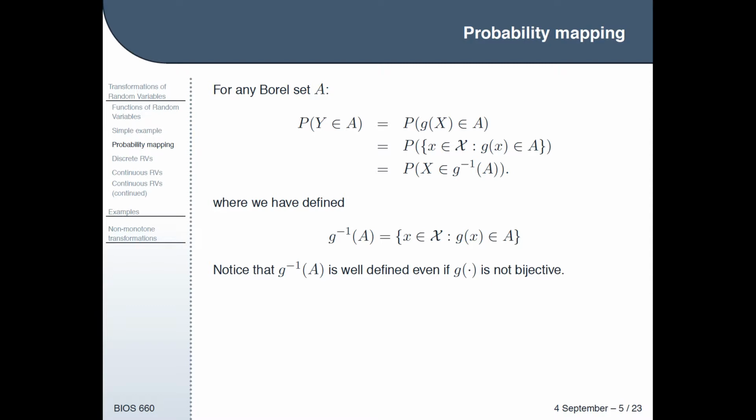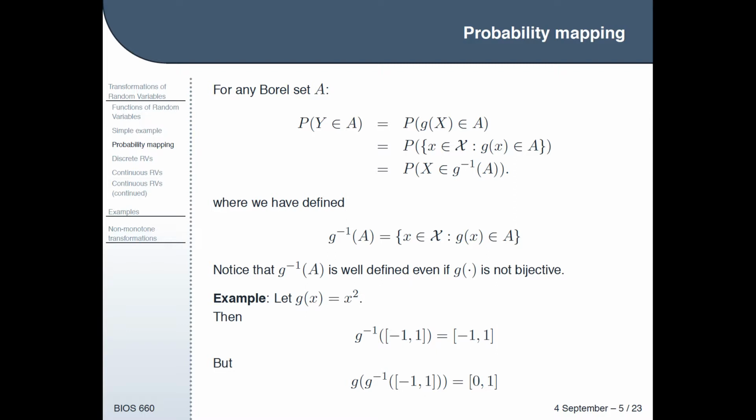We want to find the real valued sets X, the set of Borel sets, such that g of X is in A, and that's equivalent to saying we want the probability of the x's that are in the inverse image of g of A. We define this inverse image to be the set of x's precisely such that g of x is in A. And you can define this even if g is not necessarily a one-to-one mapping.